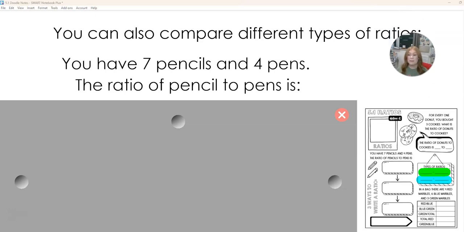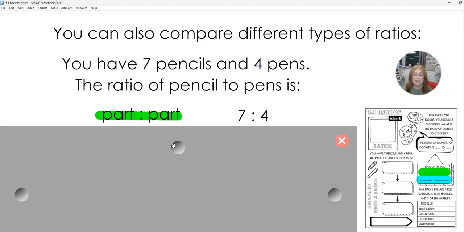We can also compare different types of ratios. So you can write it 3 ways, and then there's also different comparisons you can make. So again, we still have that same pencils and pens, and we're going to write the ratio of pencils to pens. So we can do part to part. We can just compare these pencils to these pens. This part, 7 to 4.